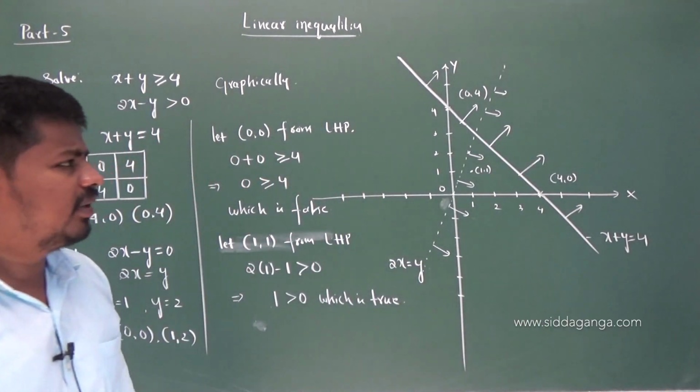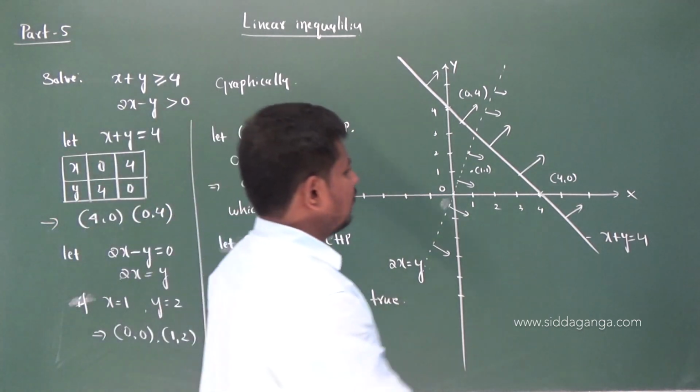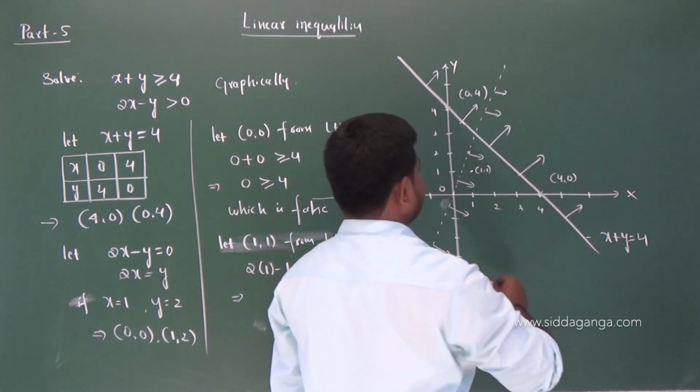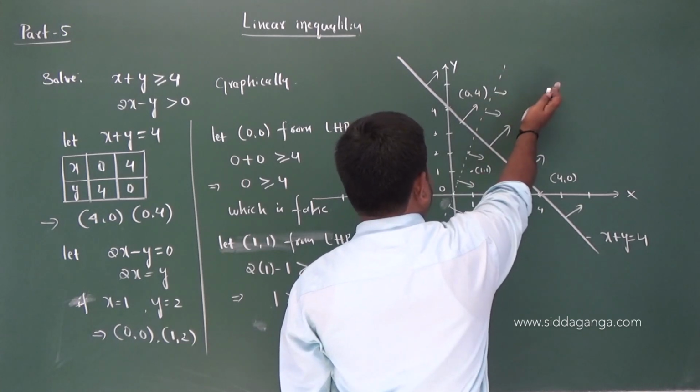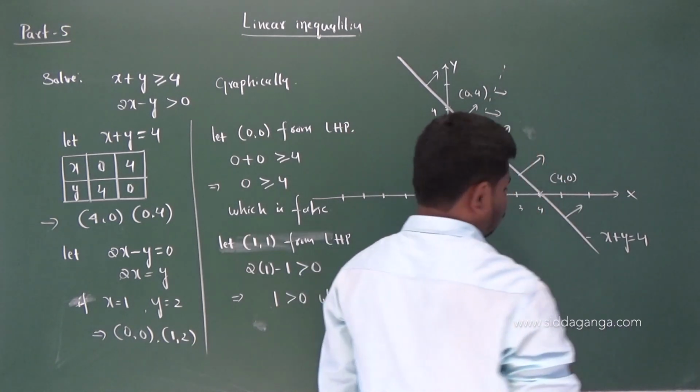Then look at the common region for both the inequalities. Yes, the common region can be seen here, right? To the right of this line and above this line. So this will be the common region. So you can shade this.